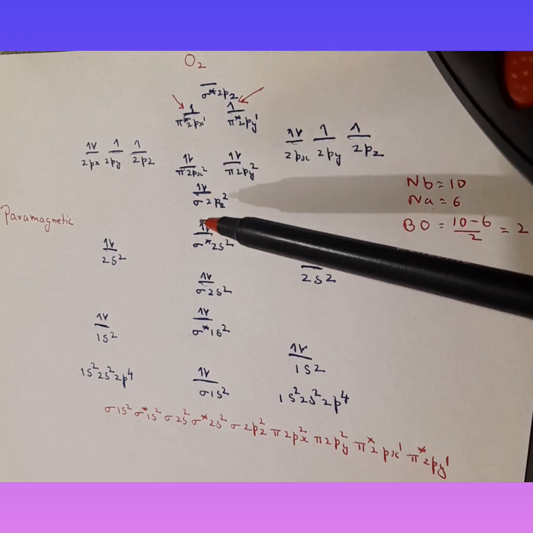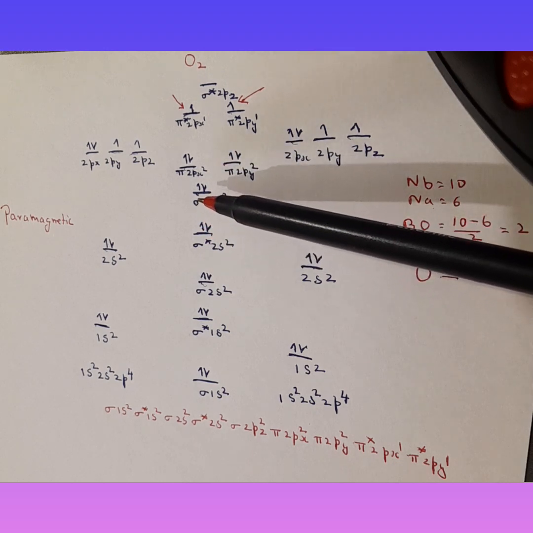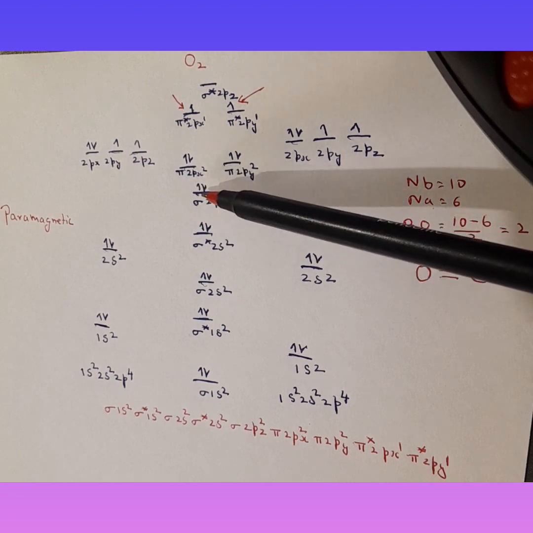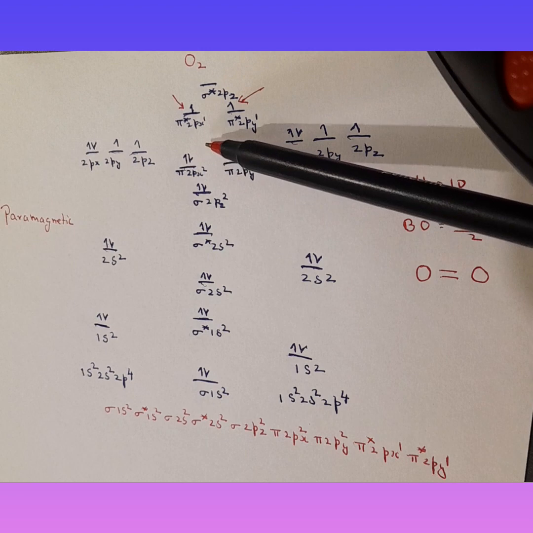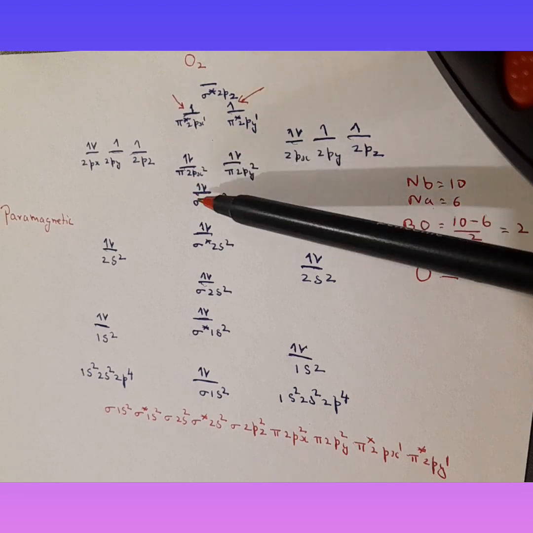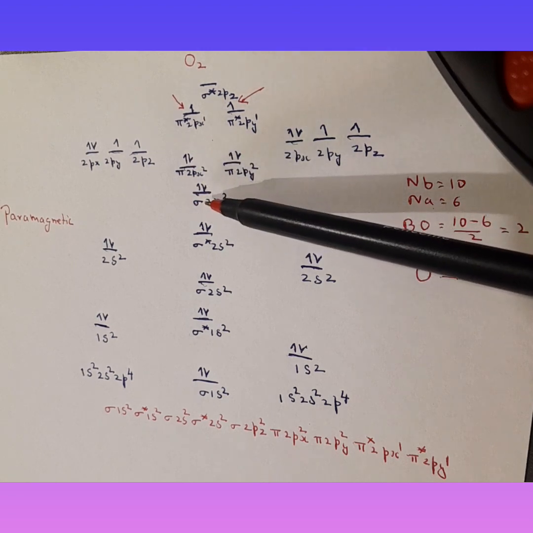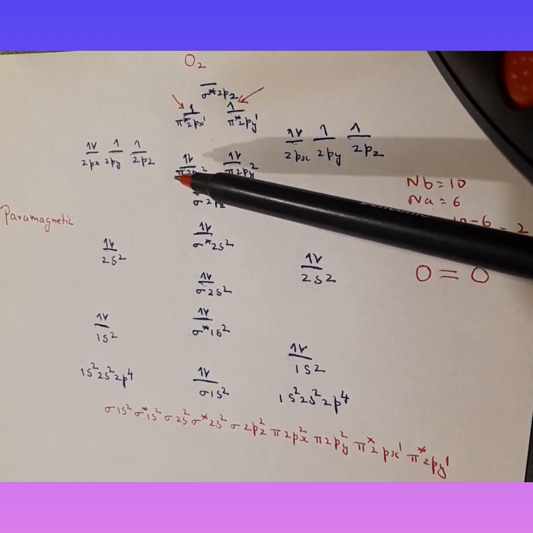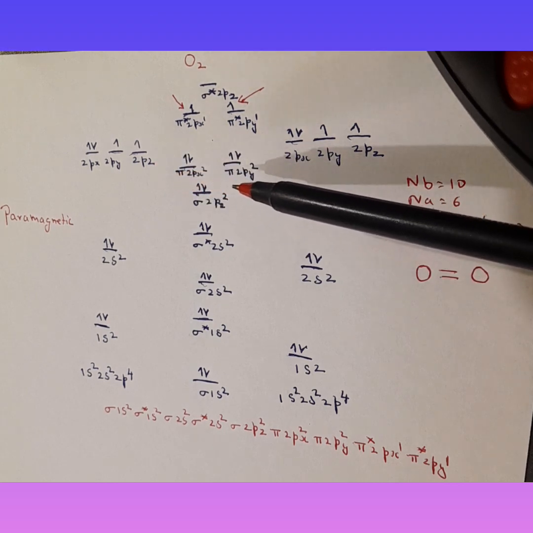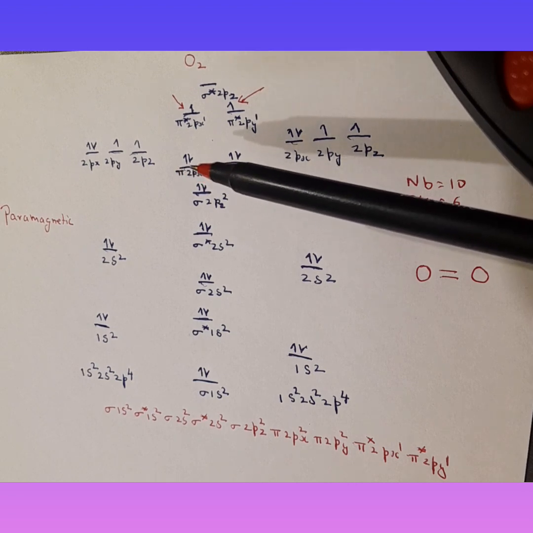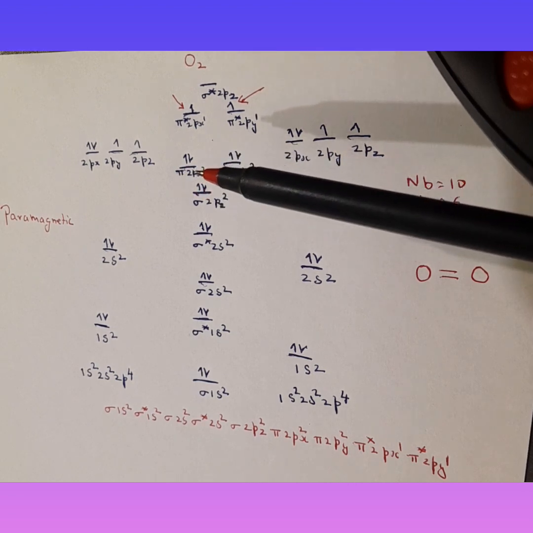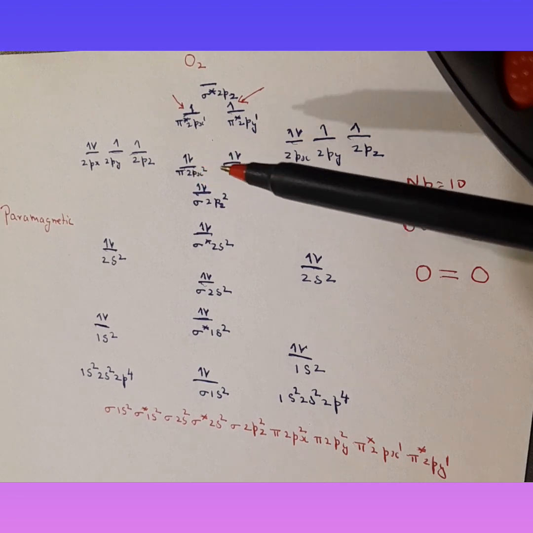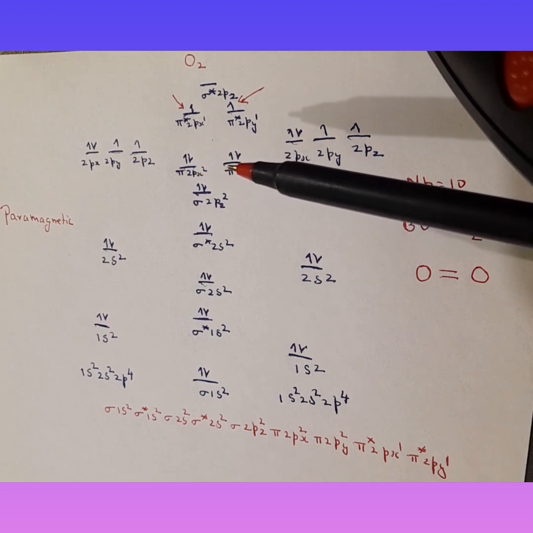So here what we observe is the difference: in case of B, C and N, this sigma 2pz takes this position. Alright, so energy wise sigma 2pz in case of B, C and N is higher than pi 2px and pi 2py. That's the only difference which we have got to keep in mind whenever we are drawing a molecular orbital diagram for boron, carbon and nitrogen.